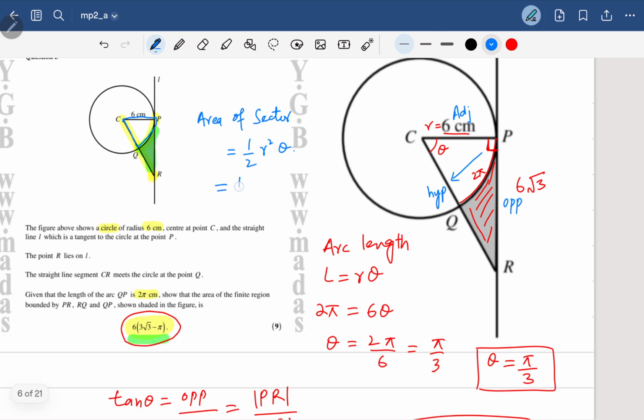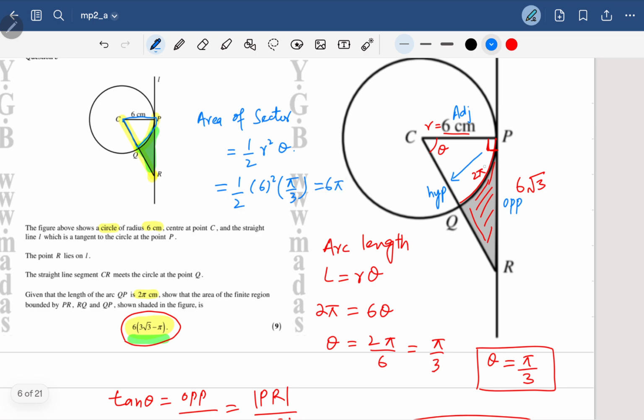So in the figure, r is 6, so 6 squared, and theta is pi by 3. So 6 squared is 36, divided by 2 is 18, and 18 divided by 3 is 6, so it will be 6 pi. So this is the area of the sector, 6 pi.